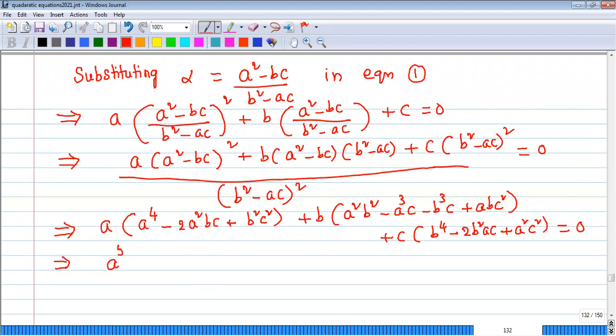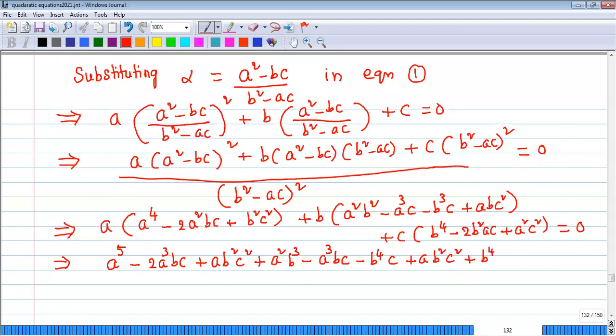This is a power 5 minus 2a cube bc plus ab square c square, plus a square b cube minus a cube bc minus b power 4 c plus ab square c square, plus b power 4 c minus 2ab square c square plus a square c cube is equal to 0.